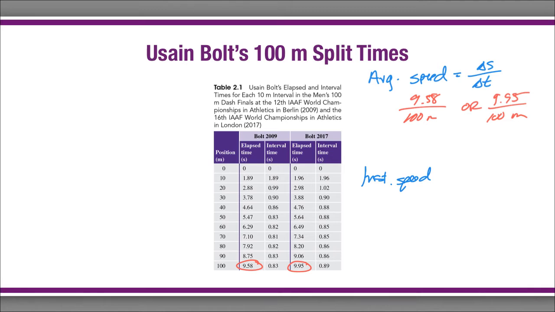So they broke his race into 10-meter time intervals, and they found that his speed, or you could call it his instantaneous speed, between 50 and 60 meters for his 2017 race, I believe, was actually his peak, whereas in 2009 he was peaking at 70 to 80 meters.